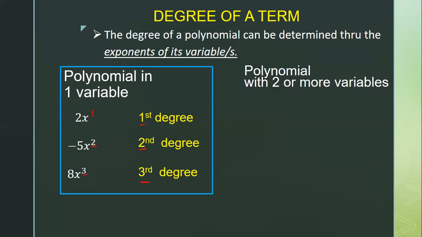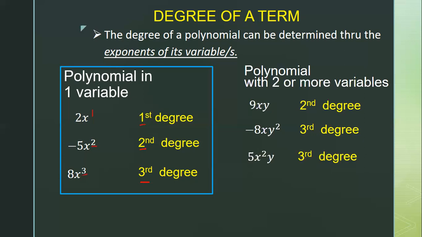Now what about a polynomial with 2 or more variables? Example, 9xy, second degree. Negative 8xy squared, third degree. 5x squared y, third degree. Negative 5x squared y cubed, what do you think? Fifth degree. Correct.